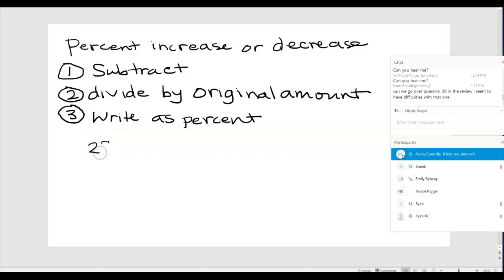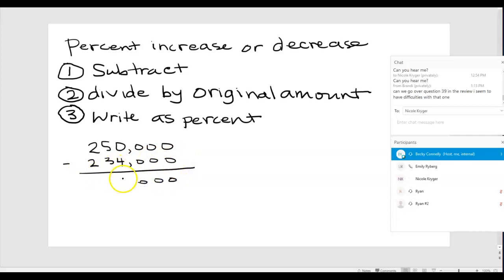So, like you said, we're just going to start by subtracting those numbers first. So 250,000 minus 234,000 gives us what?